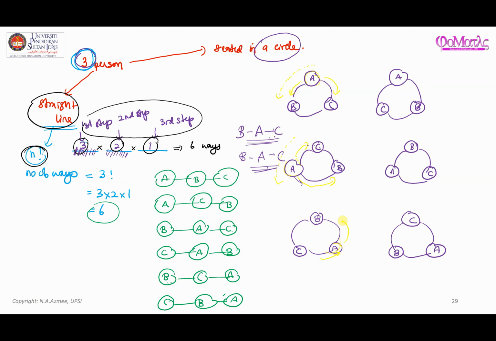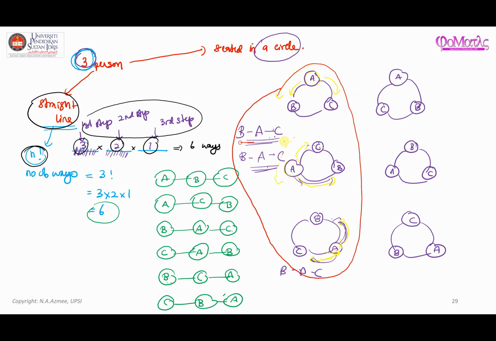But here we've got the same idea: B is on this side, and here we've got C. So again A is in the middle, this side is B, and on this side is C. Therefore, what I'm trying to say is that the whole thing here has the same arrangement, which is B, A, C. So this is only one arrangement. They are not different.